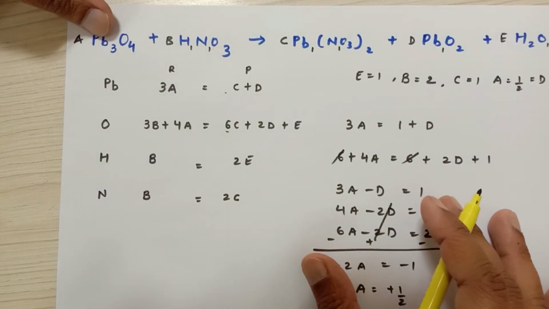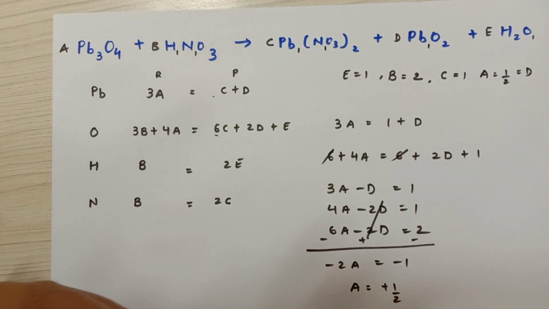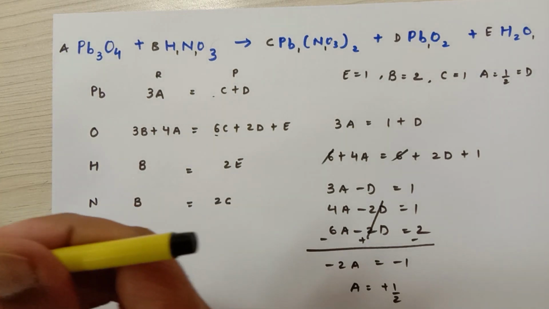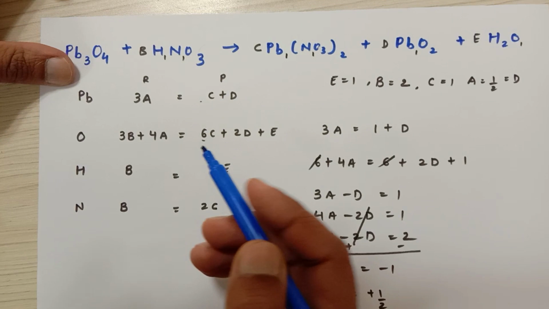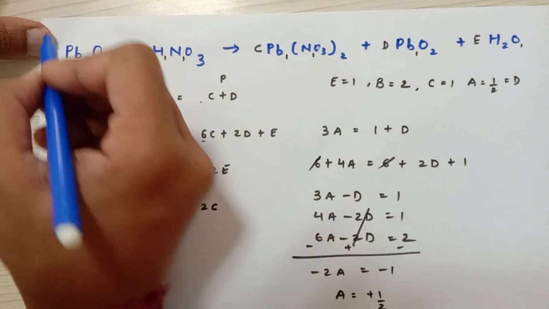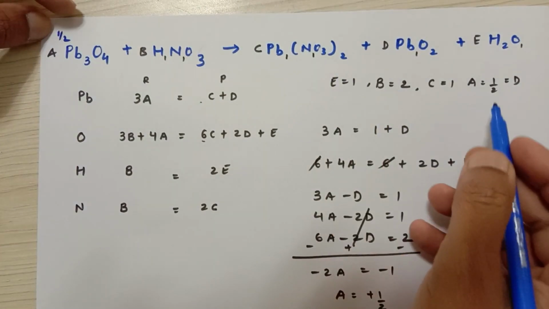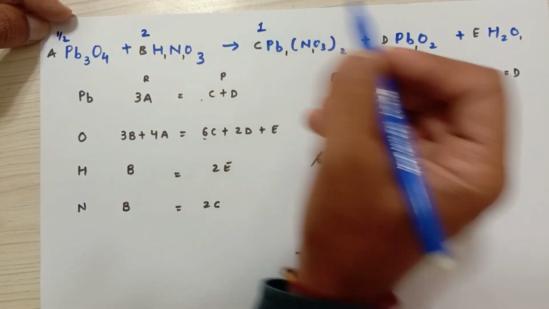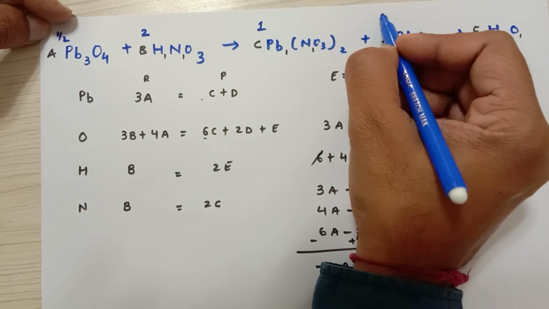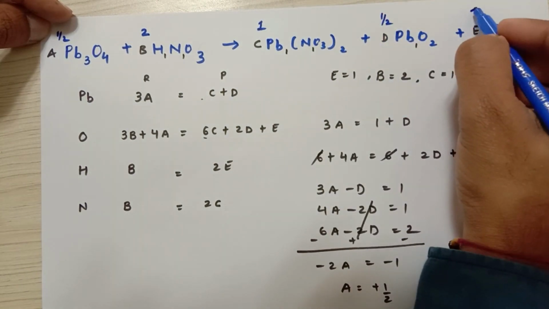Now I'm going to substitute these values over here. A is equal to half, B is 2, C is 1, D is again half, and E is again 1.